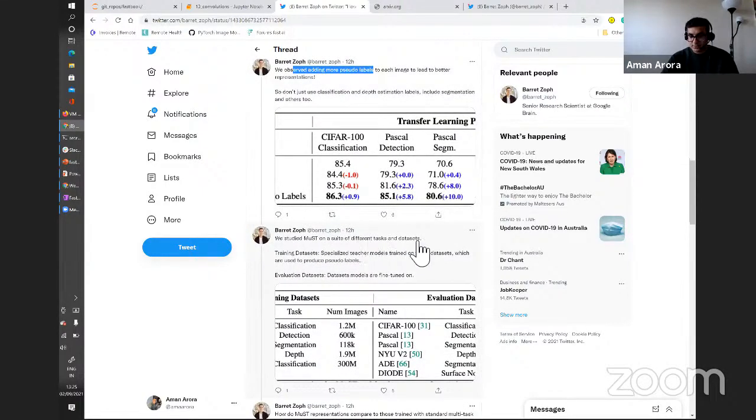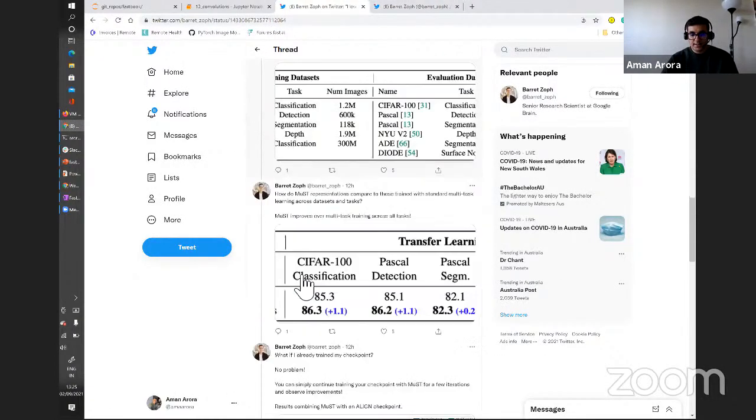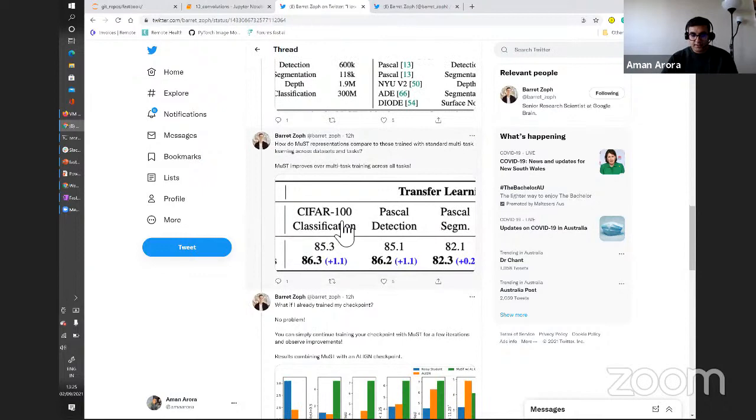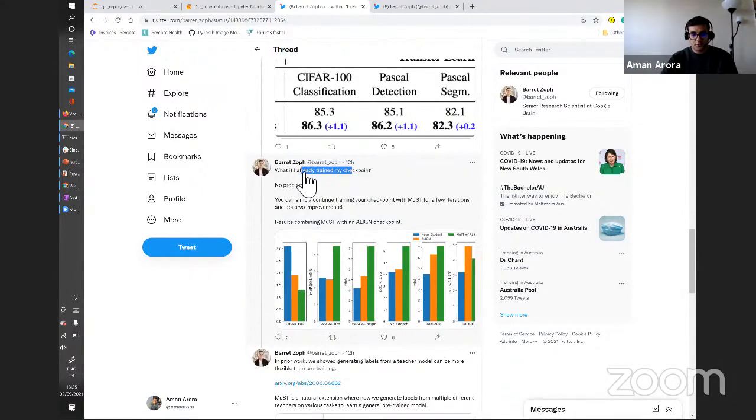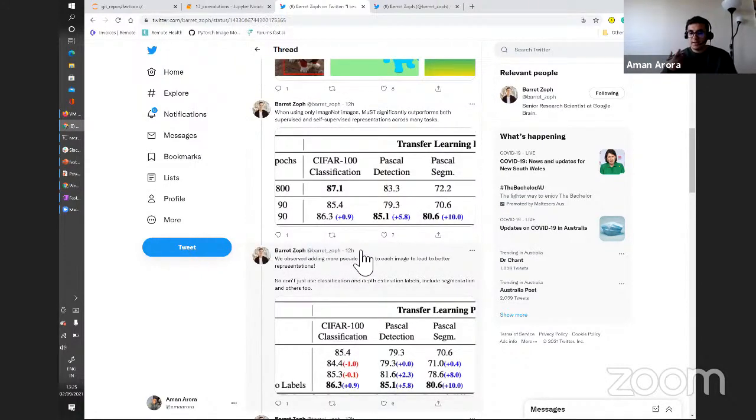They studied a suite of different tasks. These are different experiments that were done, and it looks like arXiv is down. Anyway, then there was a different experiment on what if they already trained the checkpoint. So the point is, this is as of 12 hours ago. So you can see the value.